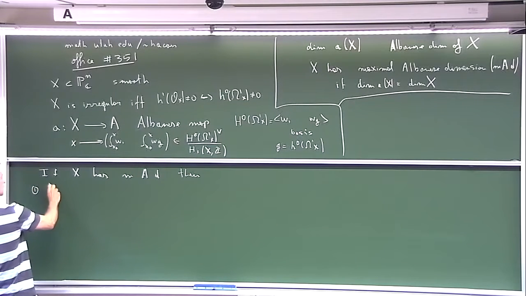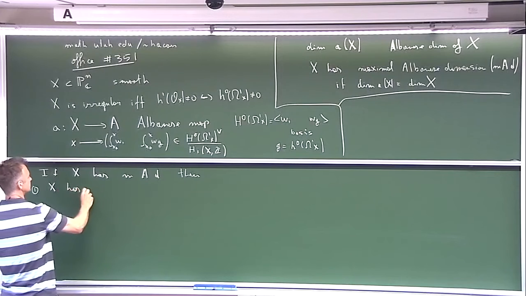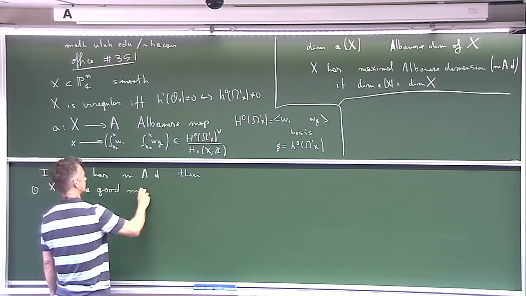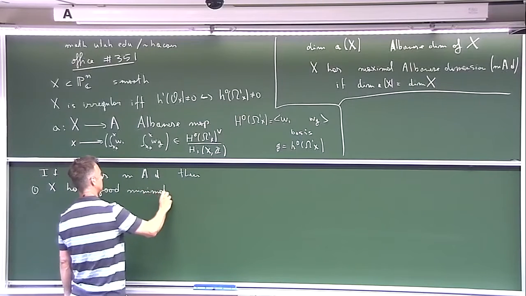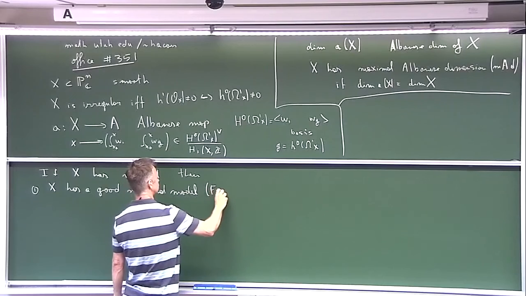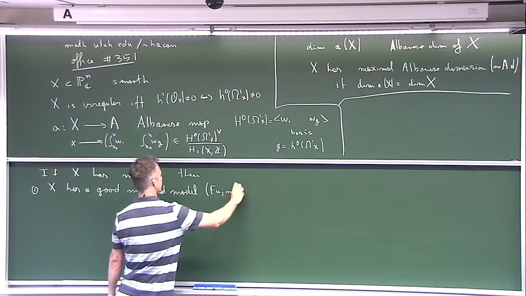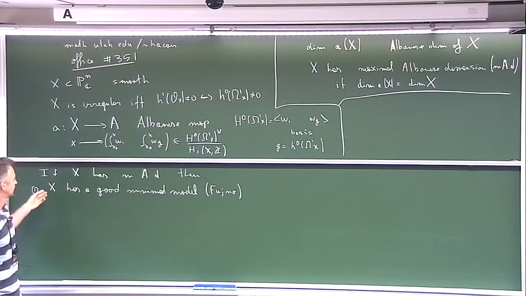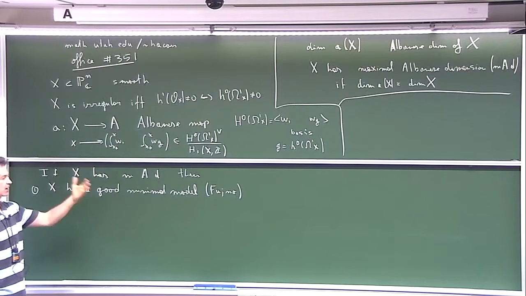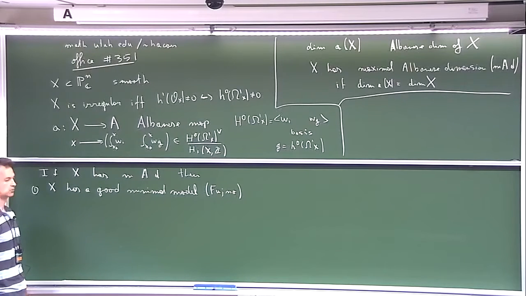First thing, we know that X has a good minimal model. I believe this is due to Fujino, who observed that you can just run the relative minimal model for X over its Albanese variety, and the outcome is actually a minimal model for X itself.